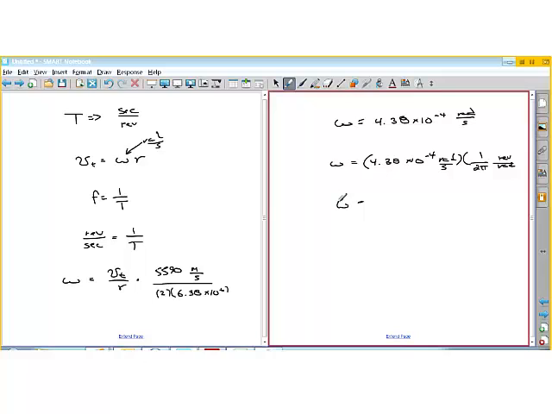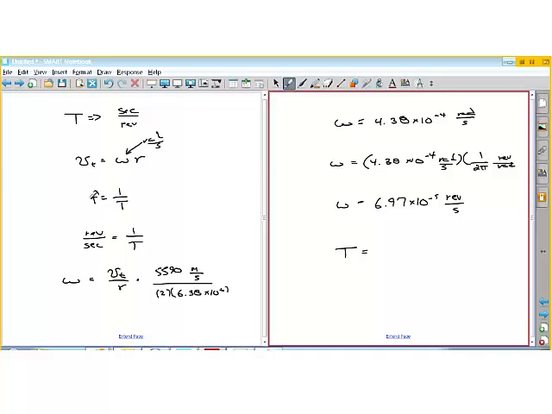So we divide again by 2, divide by pi, and we get 6.97 times 10 to the minus 5th revolutions per second. That's omega in revolutions per second, which is the same as frequency.